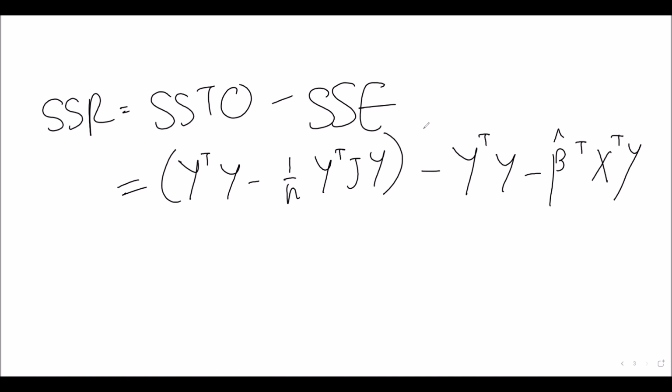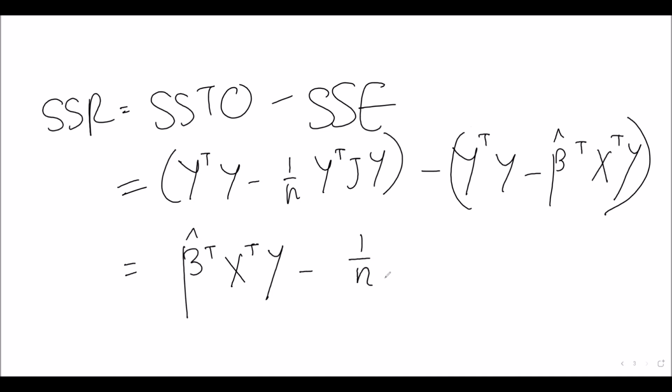So this is SSTO and this is SSE. Remember the bracket because this is going to be plus. And this is cancelling out, this is going to be plus. So SSR is basically beta hat transpose X transpose Y minus 1 over N Y transpose J Y.